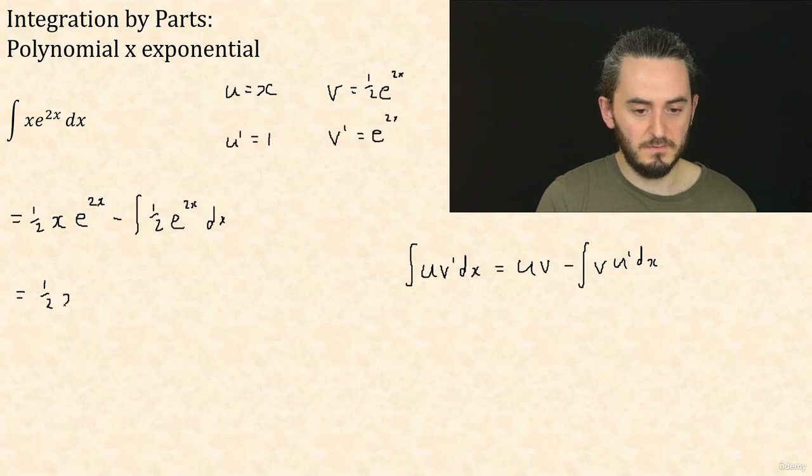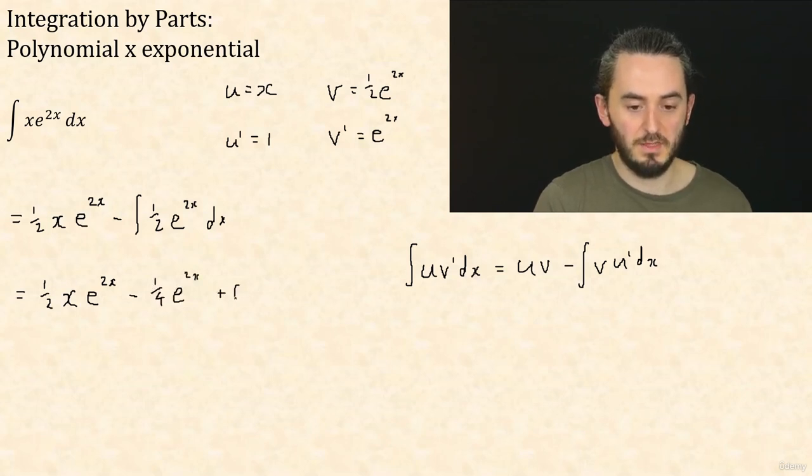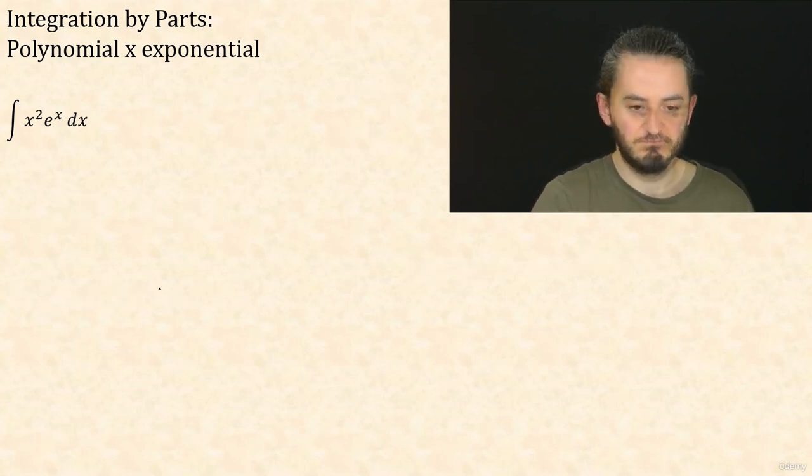So I get half x e to the 2x minus, and the integral of this is 1/4 e to the 2x. And that, ladies and gents, is my answer. So pretty powerful stuff, right? We can actually integrate products of things that don't have much to do with each other. Let's have a look at another example.